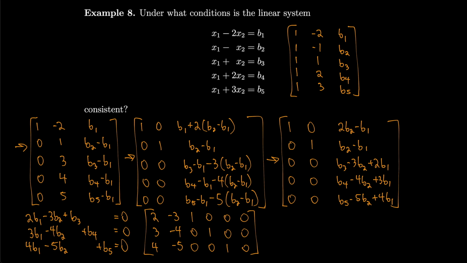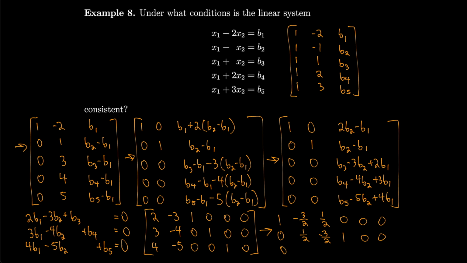Okay, so I will reduce this new matrix now. I'll get a 1 on the top by dividing by 2, and then I'll get zeros underneath by subtracting. So I'll get 1, minus 3 over 2, a half, and then 0, 0, 0, and I'll get 0 underneath, minus 3 over 2, 1, 0, 0.